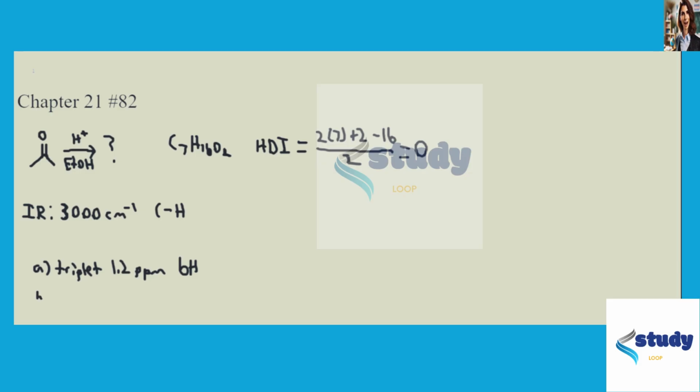Our second signal is a singlet at 1.4 ppm, which also integrates to 6. Our third and final signal is a quartet at roughly 3.5 ppm, and that signal integrates to 4 protons.